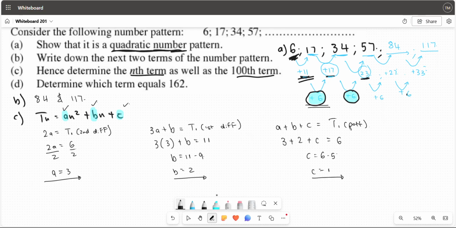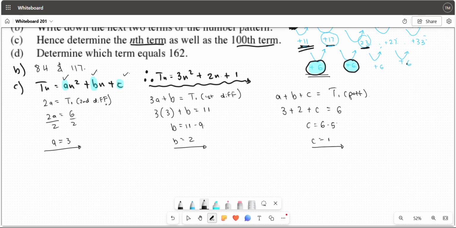So what does that mean? Therefore, my actual nth term is 3n squared, substituted the A, plus 2n, I substituted the B, plus the 1 from the C. And this is your general formula, also called the nth term of the pattern.